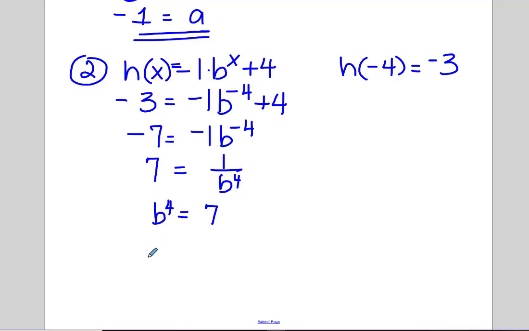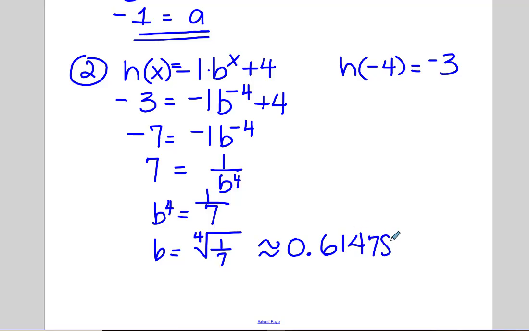And if we take the 4th root, b is the 4th root of 1 over 7. On my calculator, you check to see if I'm getting the same answer as you.